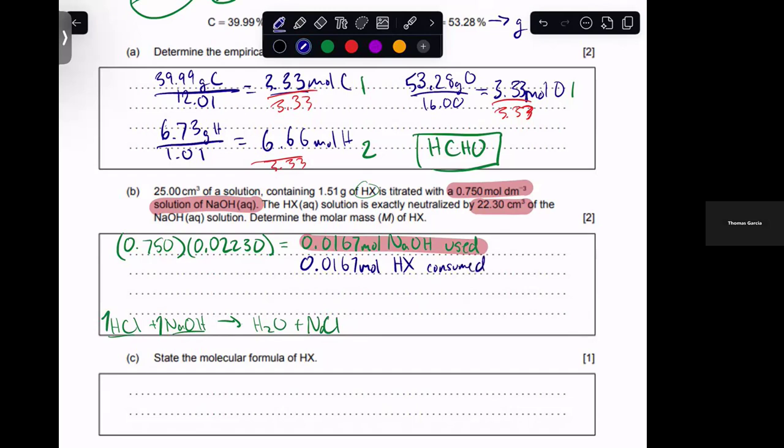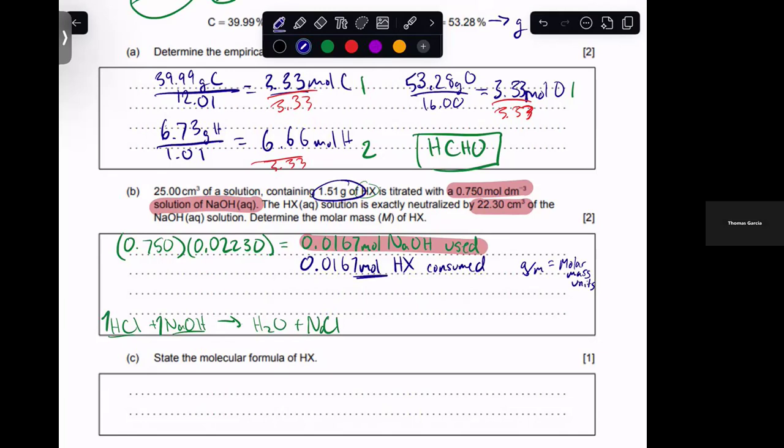All right, we have a mole amount. We have a mass. If we have a mole and a mass, we can get a gram per mole, which turns out is the molar mass units.